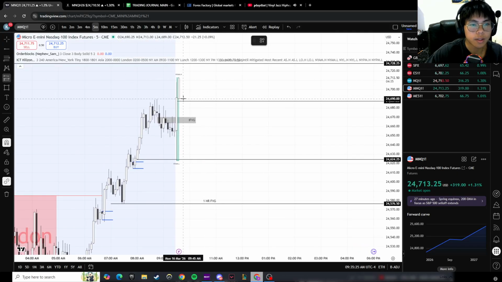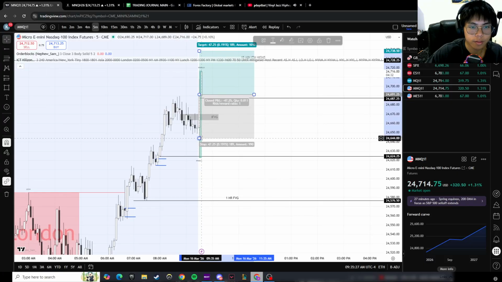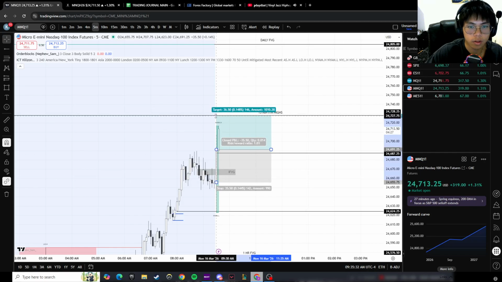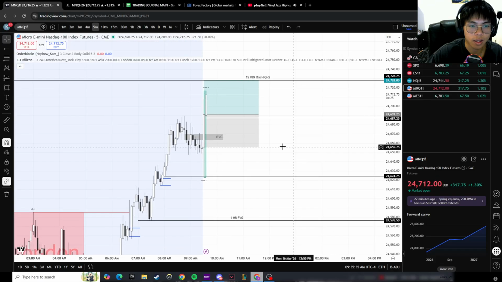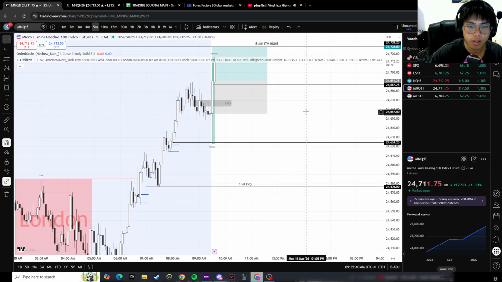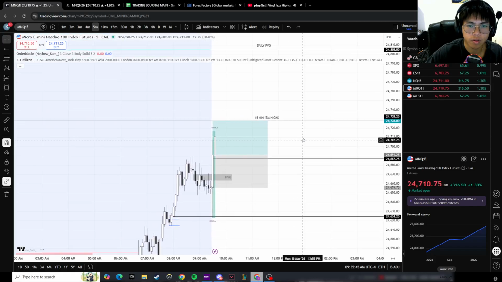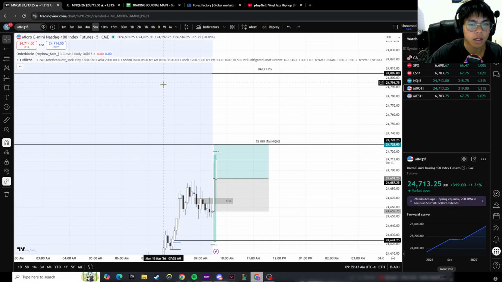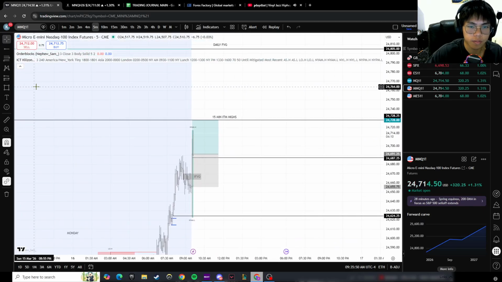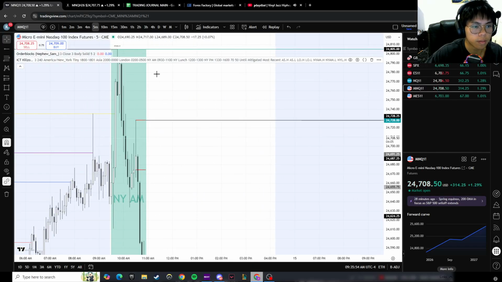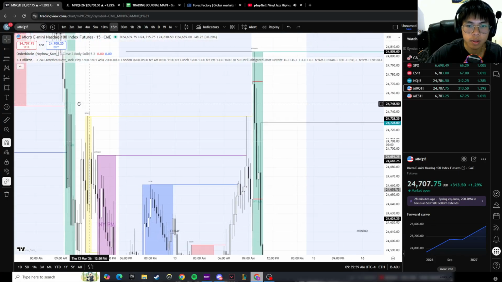So this setup right here was a potential one. I just didn't like this, especially since we could come back down and rebalance this. But I will be looking for a short off of this 15-minute intermediate high here, so that could work. That could definitely work. Wait, yeah, our 15-minute.